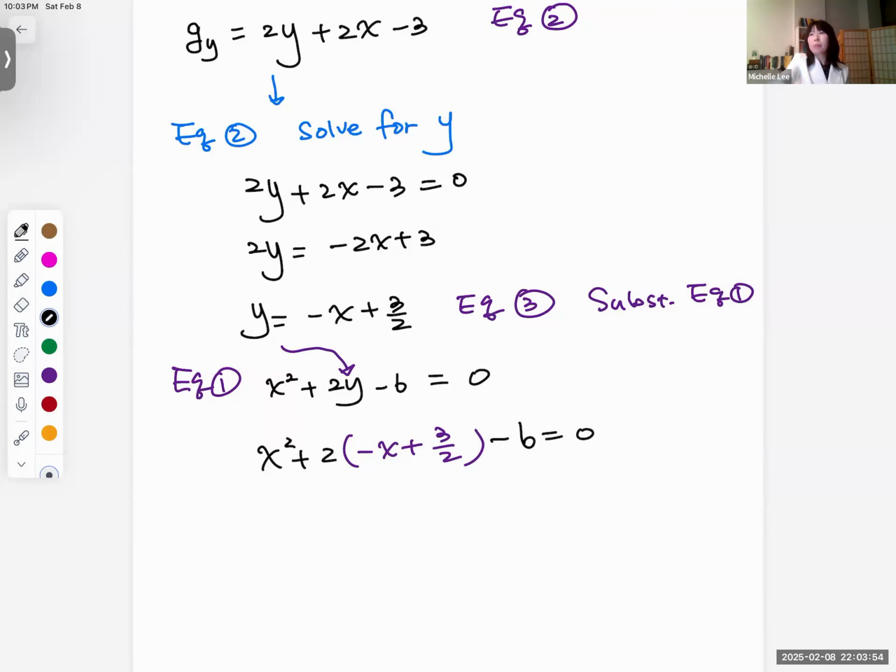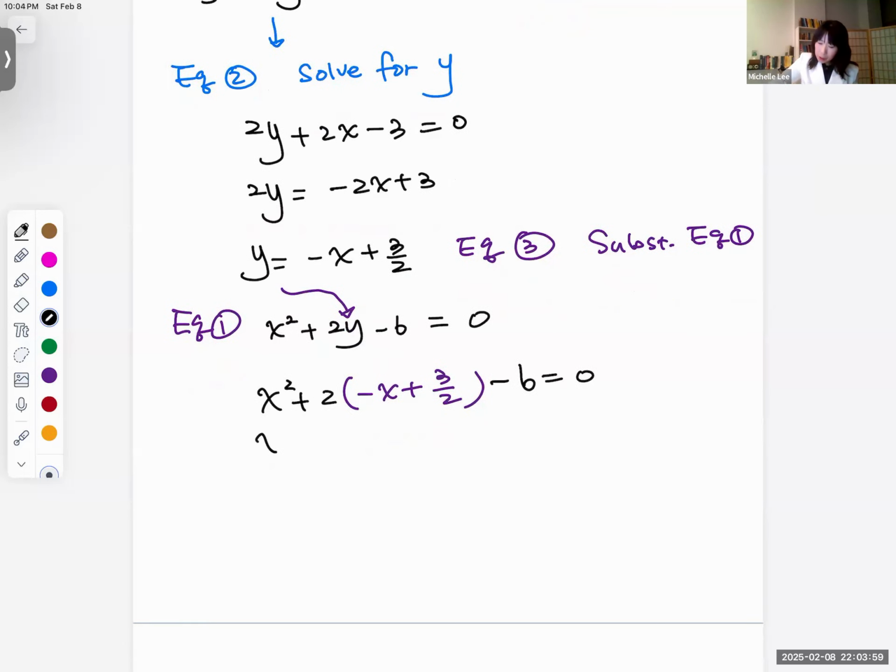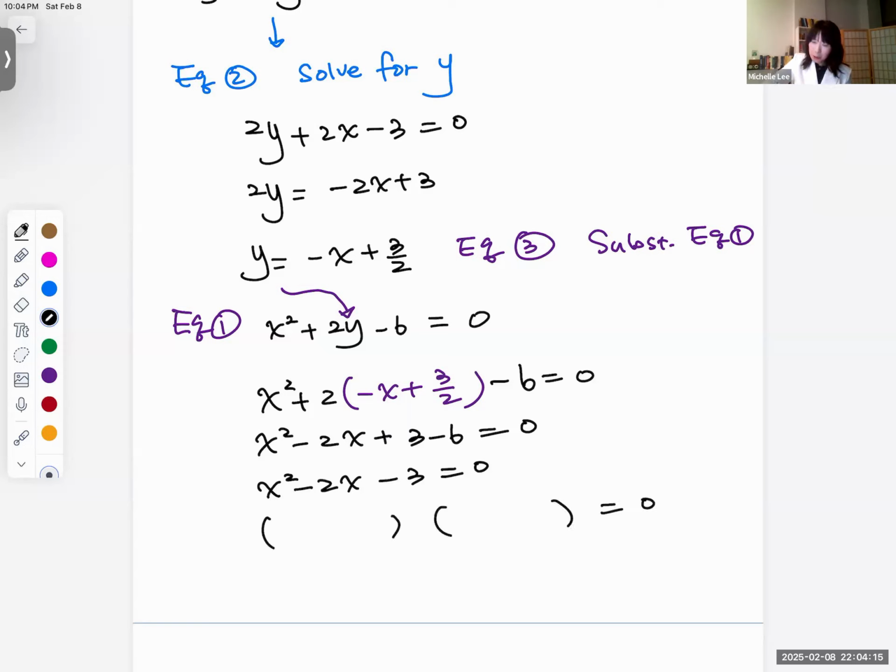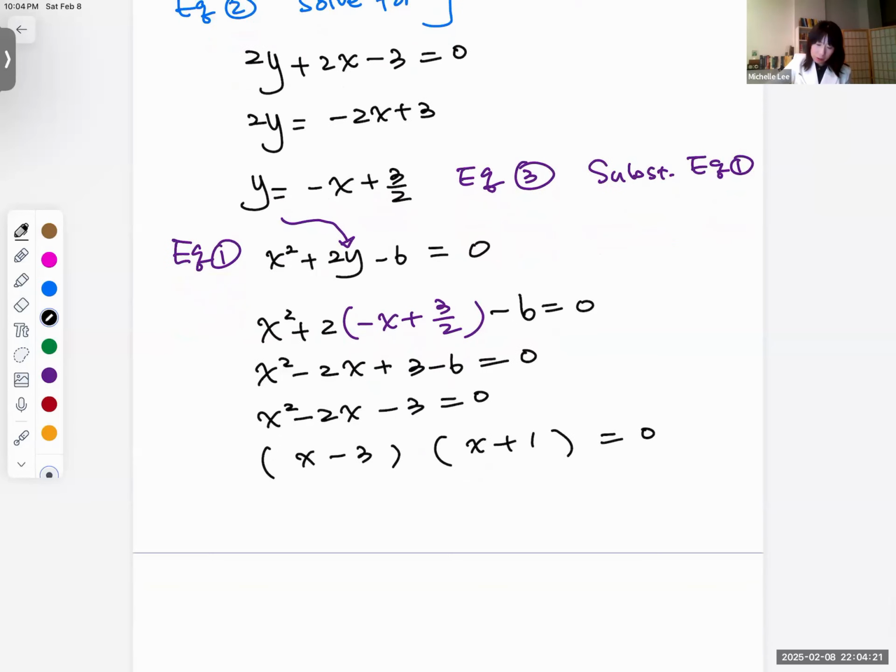Let's solve for x here. So x squared minus 2x plus 3 minus 6 equal to 0. So x squared minus 2x minus 3 equal to 0, right? We can factor nicely: x minus 3 times x plus 1. Then x equal to positive 3, x equal to negative 1, right?